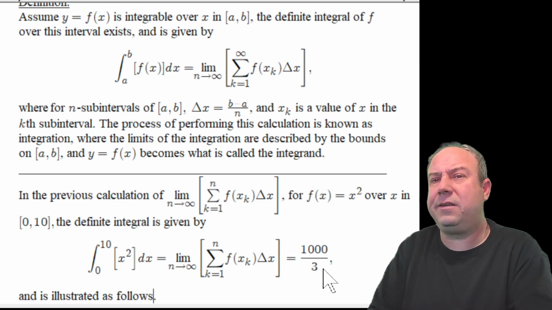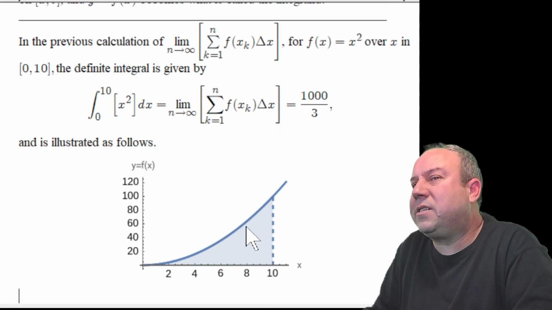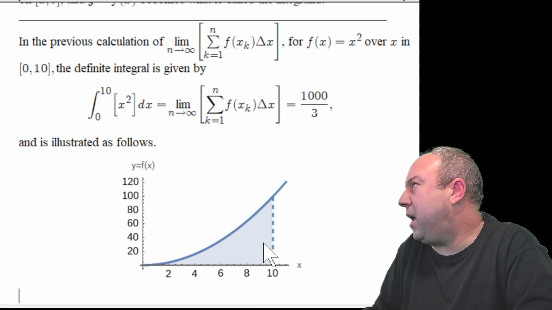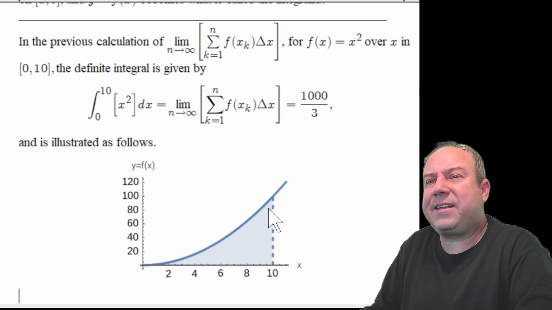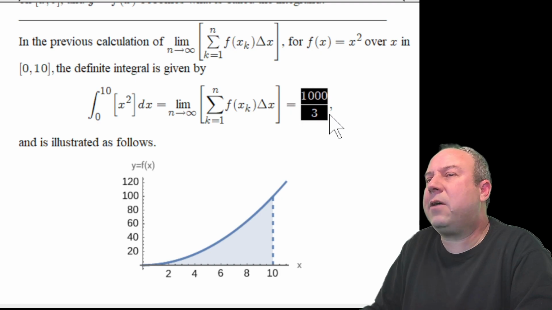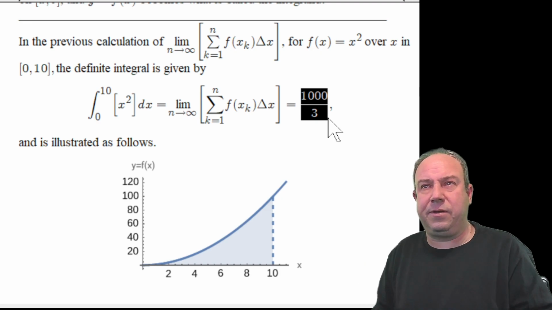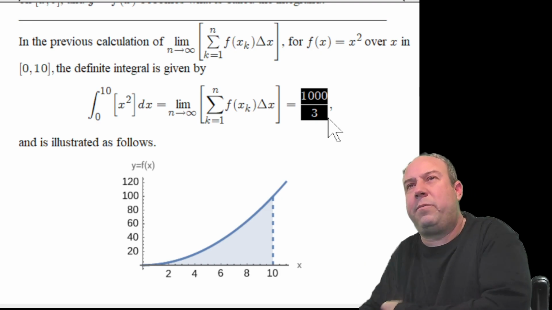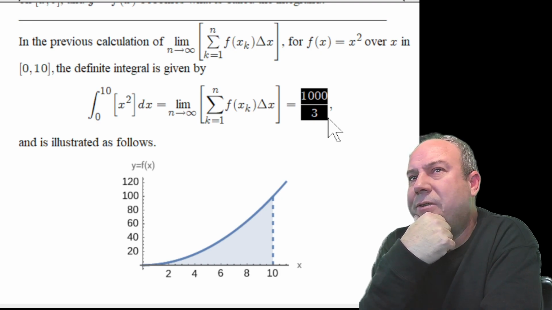And it all illustrates the following, what we're going to say is area of space for the moment, right? This exact area of space trapped in this illustration is 1,000 divided by 3 units squared, or about 333.3 repeating units squared, right?